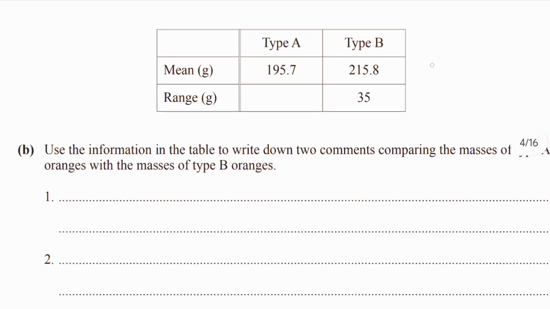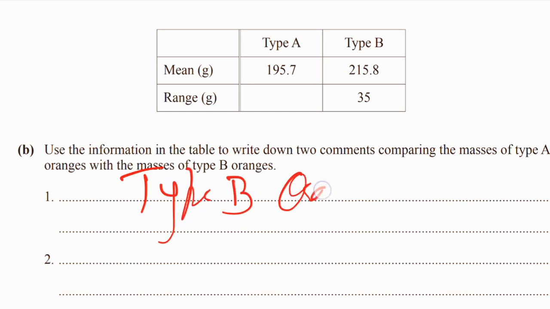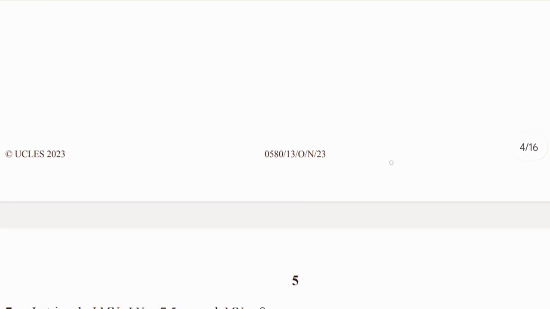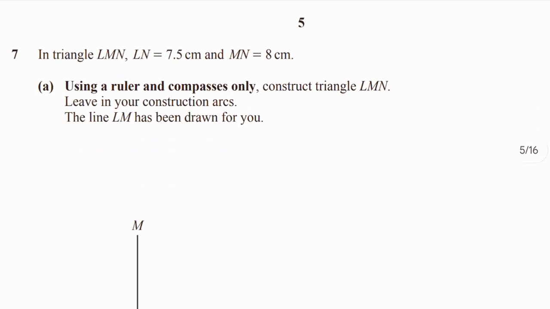So first, you can write down type B oranges are heavier than type A oranges. And second, you write this yourself. Next question, because I already found the range, you can relate from there.